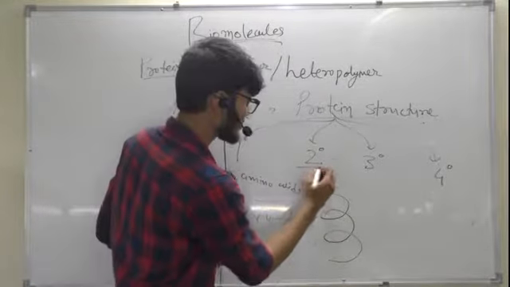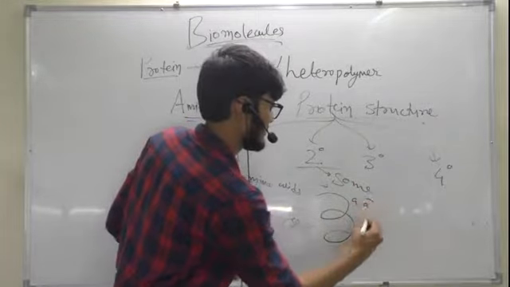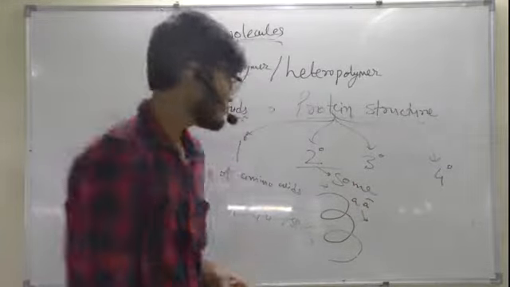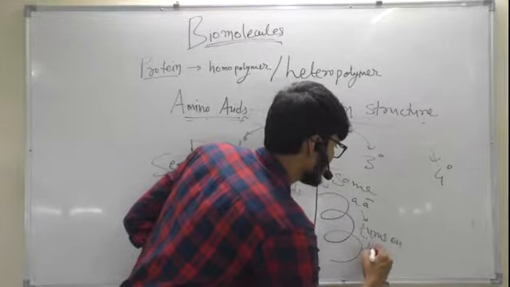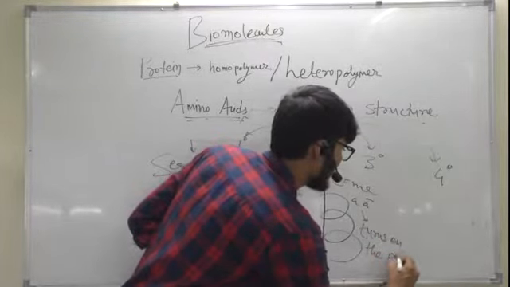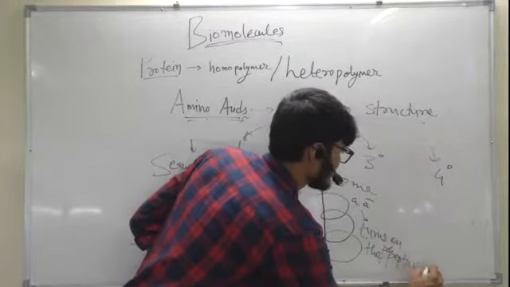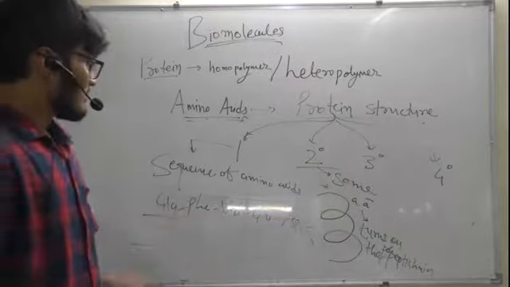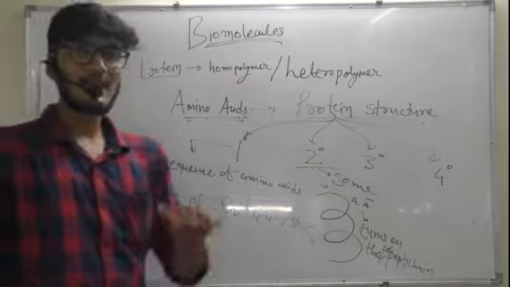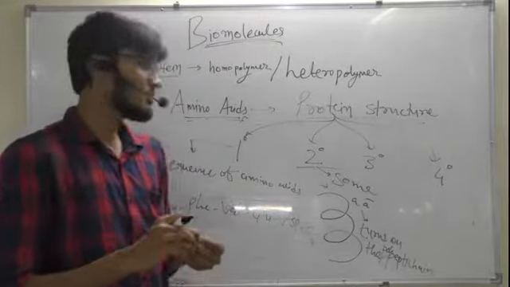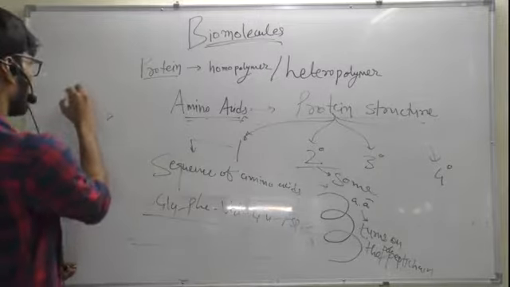So in secondary structure, some amino acids have turns on the peptide or polypeptide chain. As this primary sequence contains more than one amino acid and more than one peptide bond, it is known as a polypeptide.